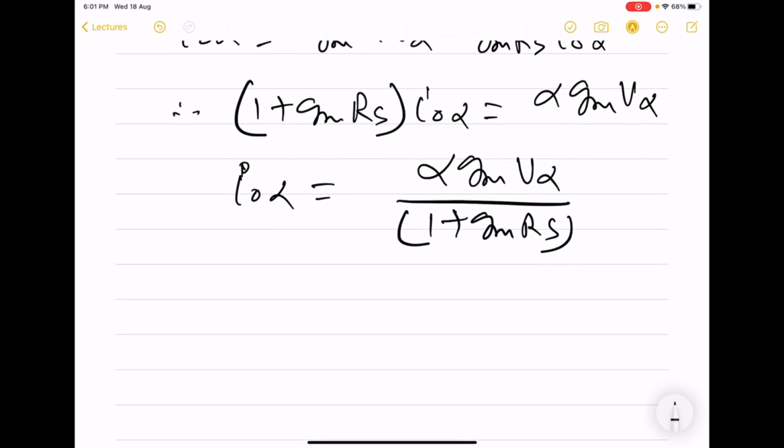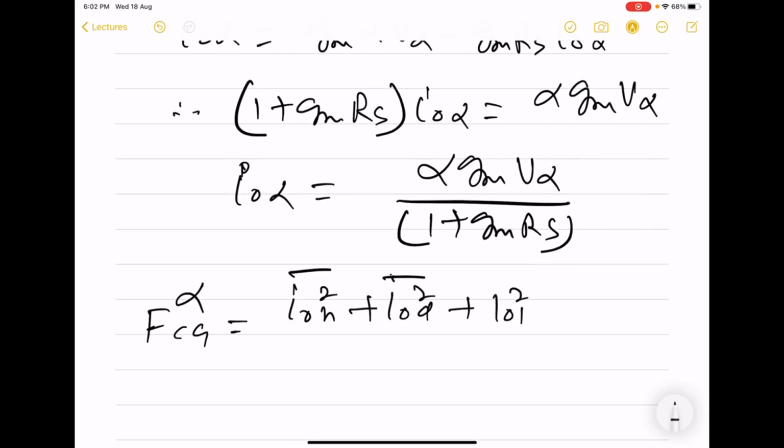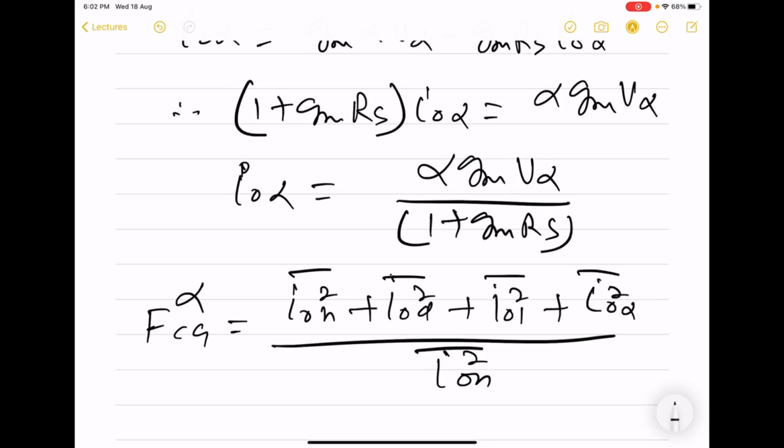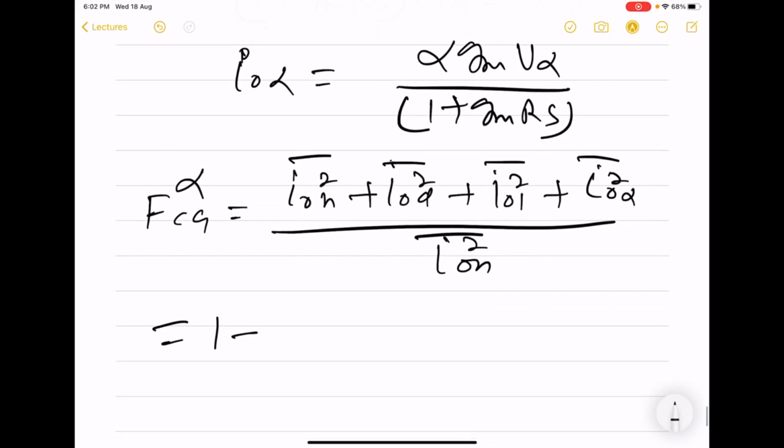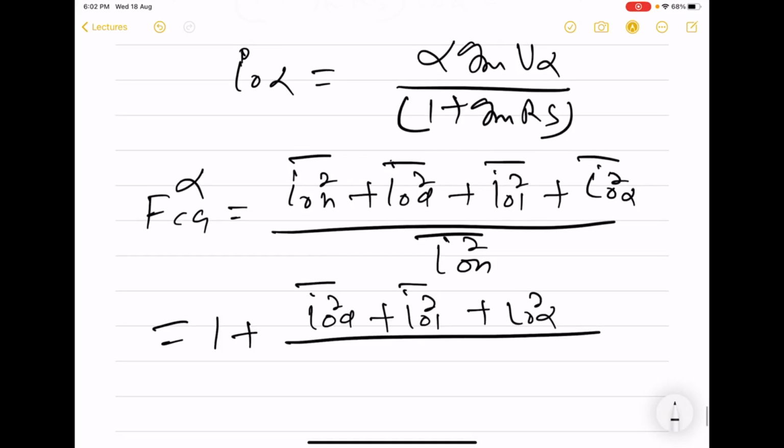So if we find out the noise factor in presence of this alpha for common gate, this will be IUN mean square plus IUD mean square plus IU1 mean square plus IU alpha mean square, divided by IUN mean square. So this becomes 1 plus IUD mean square, IU1 mean square, IU alpha mean square, over IUN mean square.